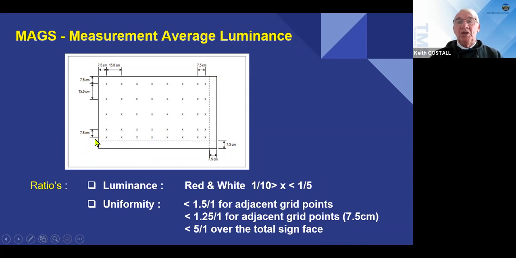Think of a pilot with 10 seconds at 150 meters, traveling at 30 knots, sorry, not 30 kilometers an hour, 30 knots. Can I see it? There's no point in them having to say, what does it say? So we need to have this uniformity.